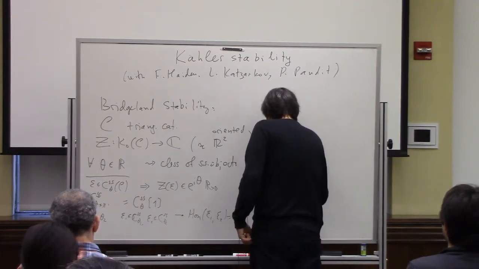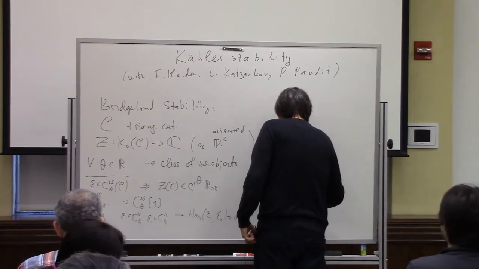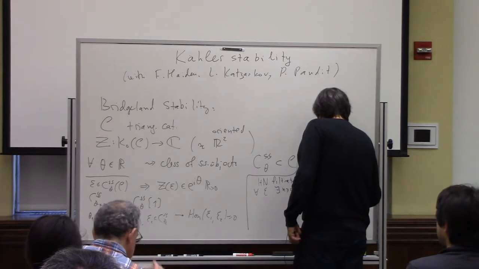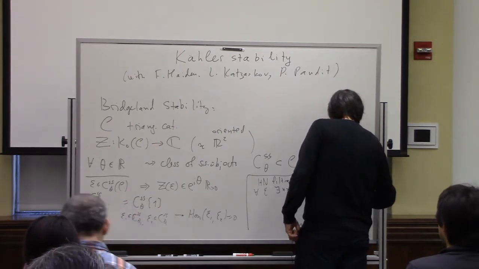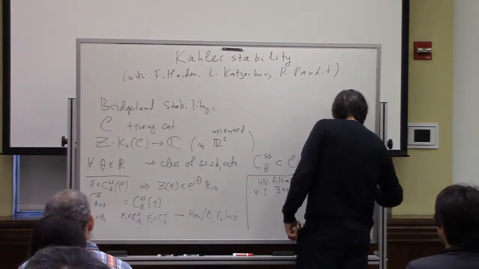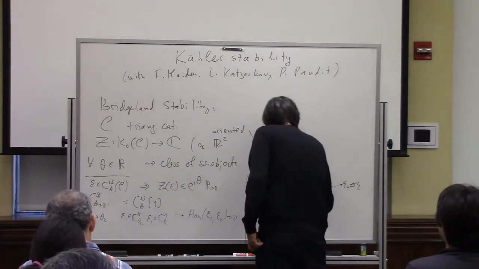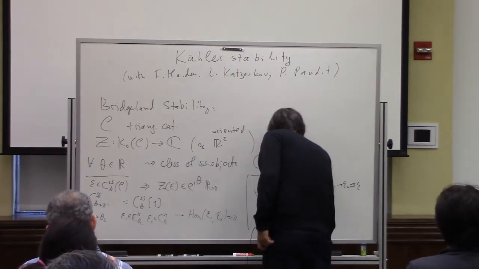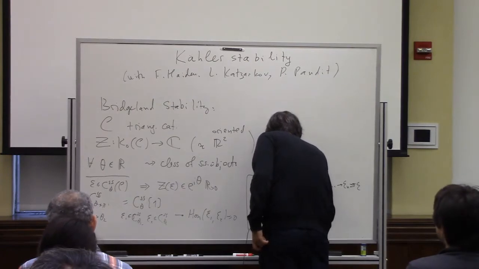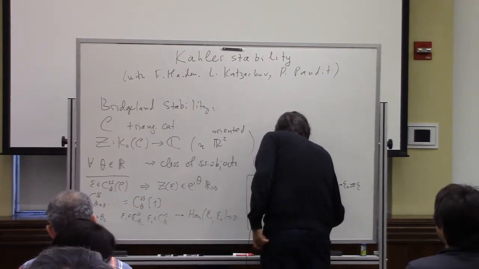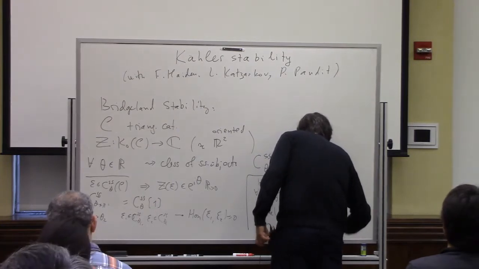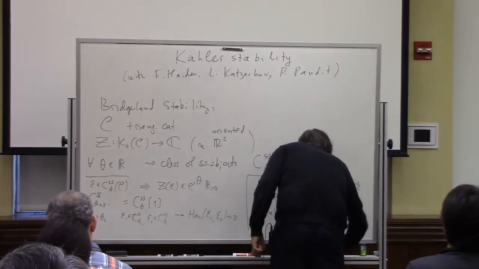For any object E, there exists some finite positive integer n and a sequence of morphisms, and also some angles which are strictly decreasing, such that the cone of E_{i-1} to E_i is semi-stable of slope theta_i.